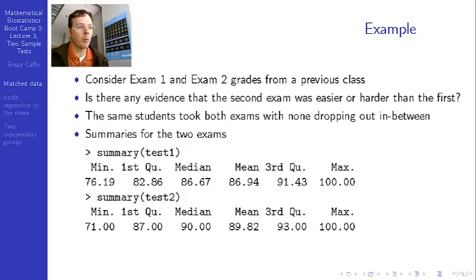Okay, so let me take the summary for test 1. In R, I just take summary of test 1, and I found that the worst the students did, which wasn't so bad, was a 76%, and the best did 100%. And for test 2, similarly, the worst was a 71%, and the best was 100%.